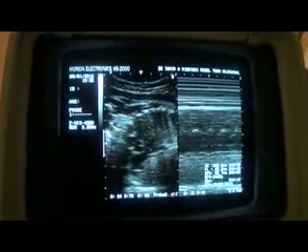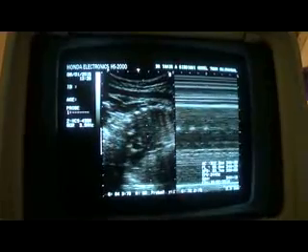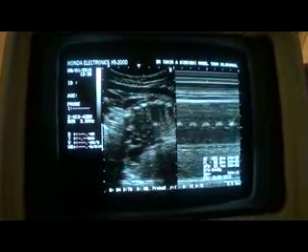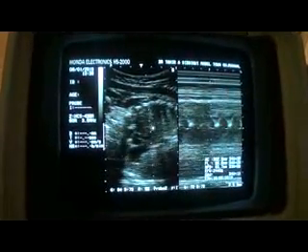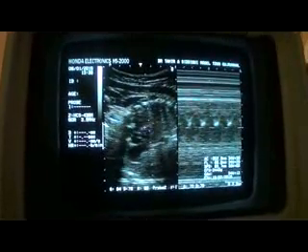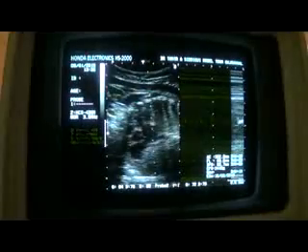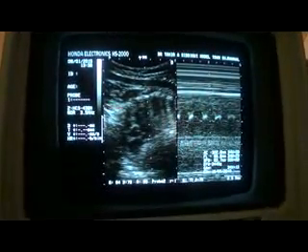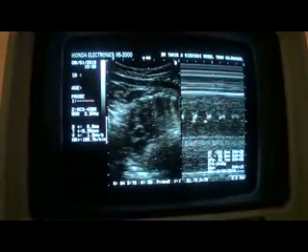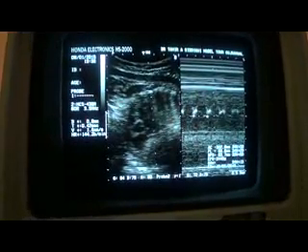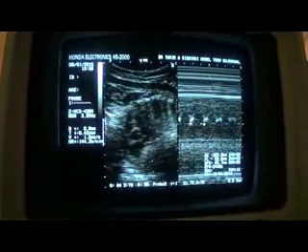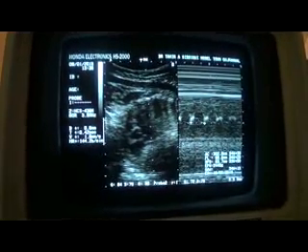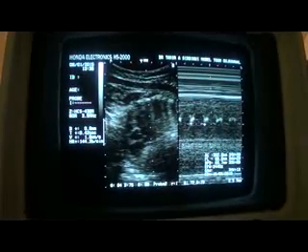Place the cursor on the area that you see is moving the most. I see it here, this area, and you will get the waveform. Now this is another waveform. I will go from the depression of one waveform to the depression of the other waveform. So this is how we get the cardiac heart rate. Thank you very much.